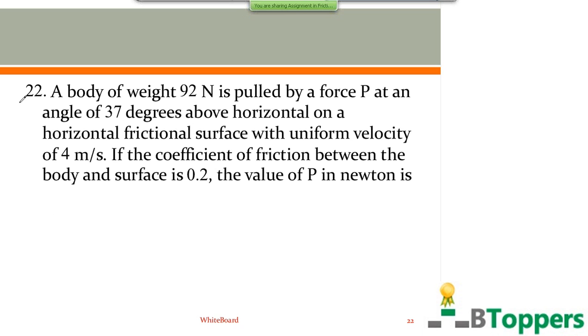So I am again discussing the same question 22 by the alternate method. That is the method which you are supposed to follow in case you are given the same model problem in board examinations, in an IPE exam or any other board examination. So you can draw the free body diagram for the block. The weight mg acts vertically downwards.